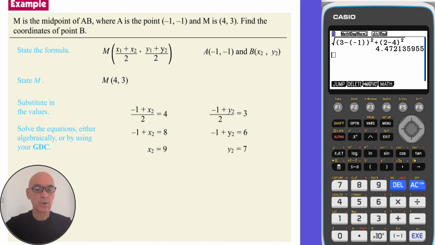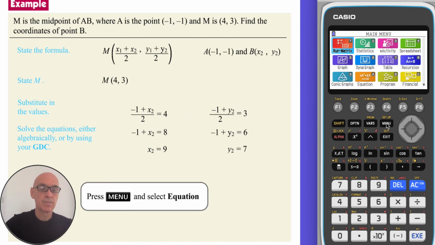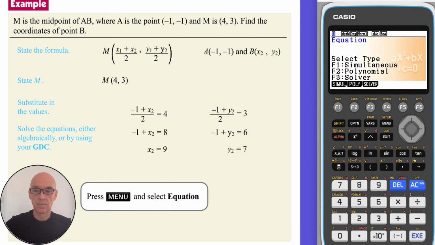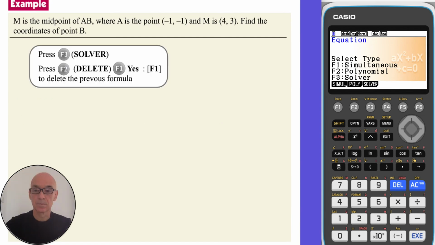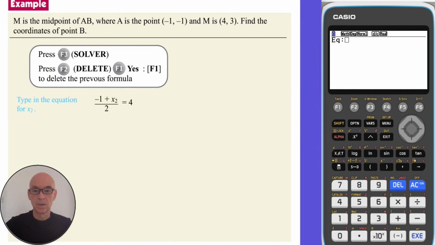Or we can solve the equations on your calculator. And to do this, from the main menu, select Equation, and select F3 to solver, and F2 to delete any previous equation, and F1 to confirm the deletion. And then type in the equation for x2.